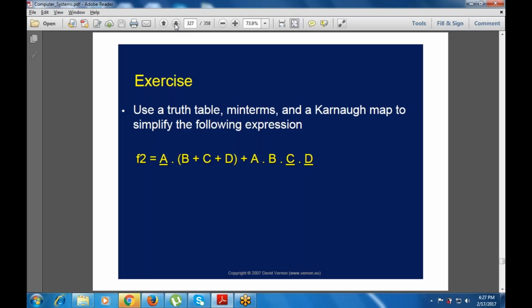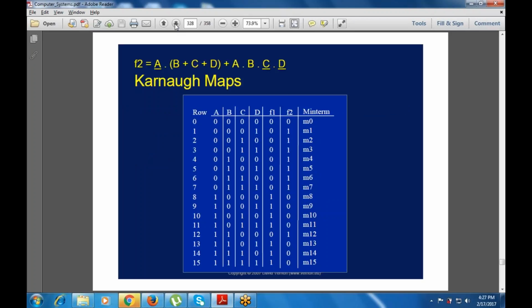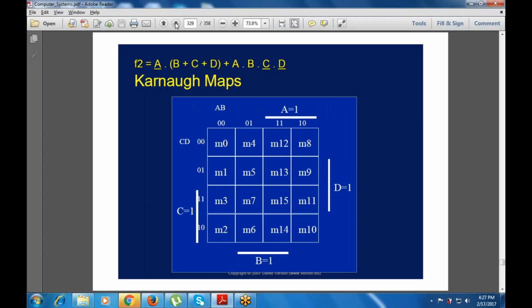This is F0, that equals A dash into B plus C plus D plus A into B into C dash into D dash. This is A, B, C, D, F1, F2 min term, from M0 to M15. Then it is used with F2, that is A dash plus B into B plus D, C plus D plus A into B dash, or B into C dash into D dash.